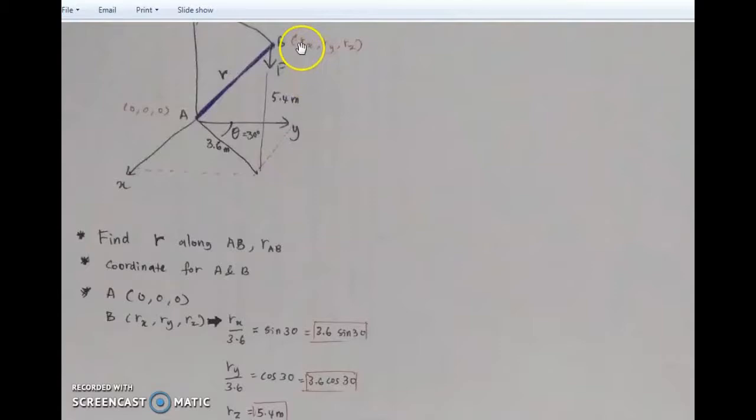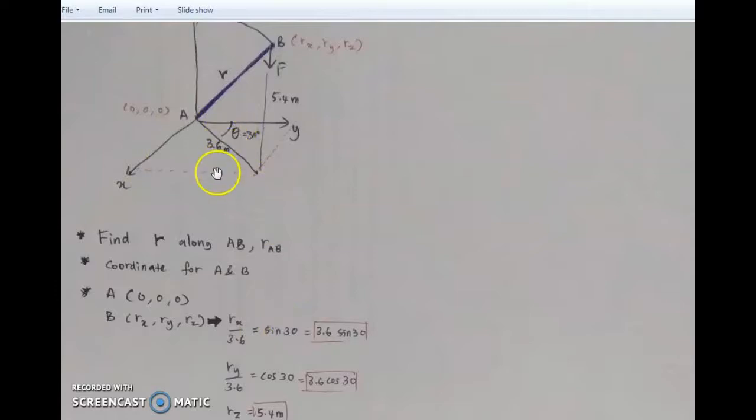So Rx is actually, you take this length 3.6 meter, but you resolve it to the x axis. The way you resolve is by doing this: Rx over 3.6 is sine 30.